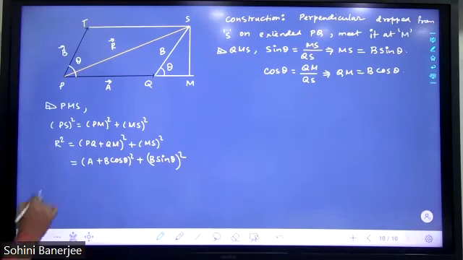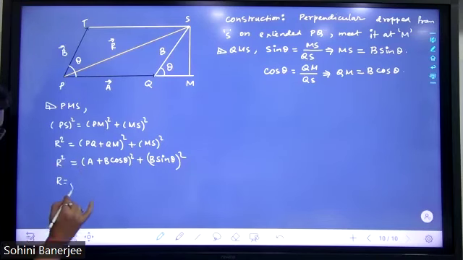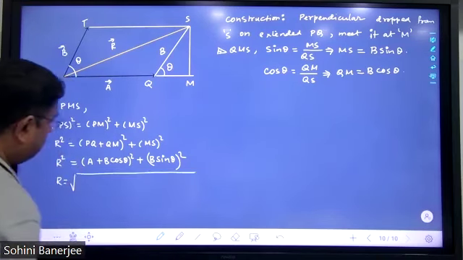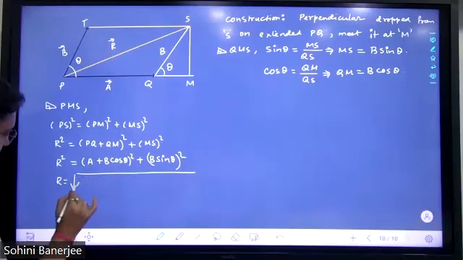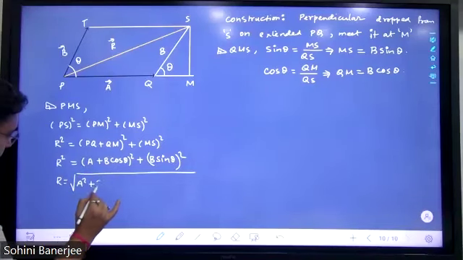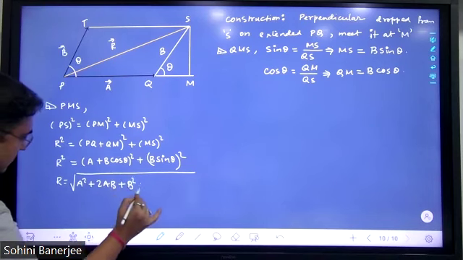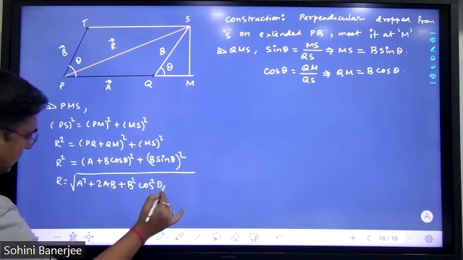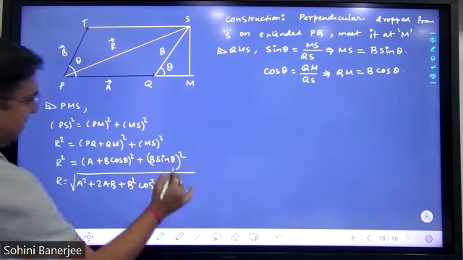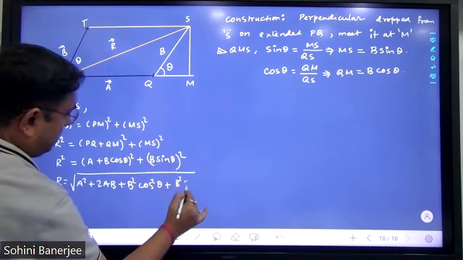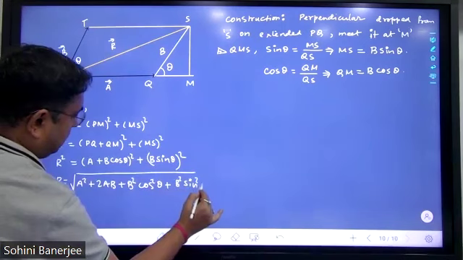So R square is obtained. So R would be the square root of, I break this square, A square plus 2AB plus B square cos square theta, plus B square sin square theta.